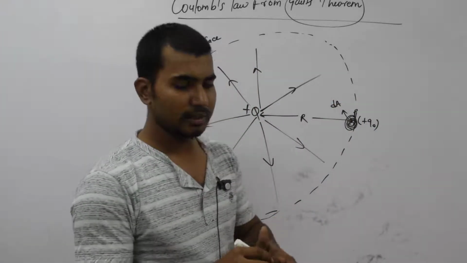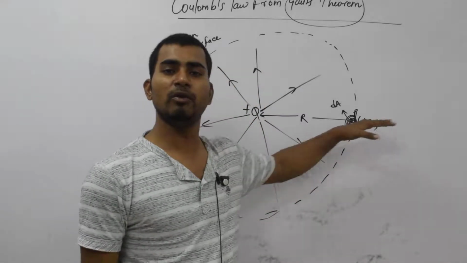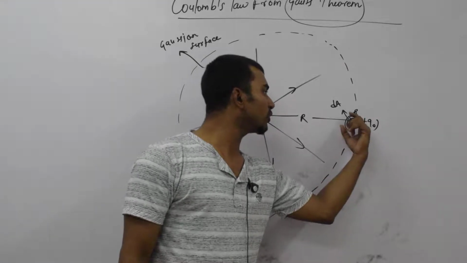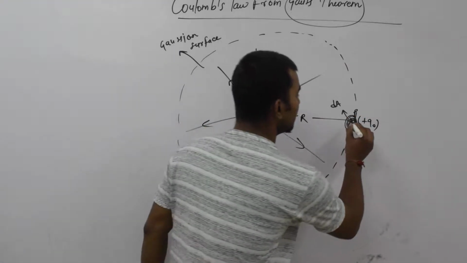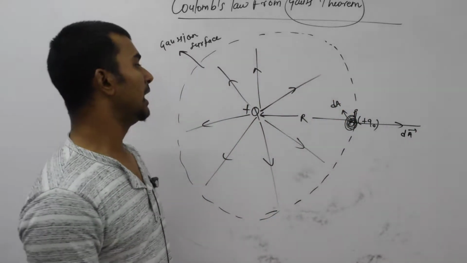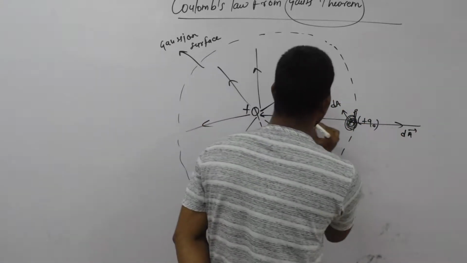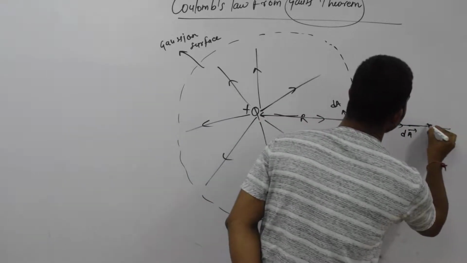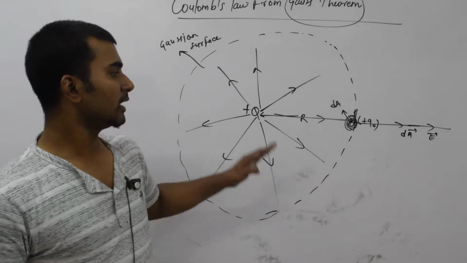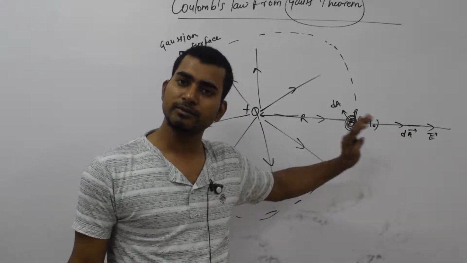As we know, the area vector is always perpendicular and outward with respect to the orientation of the surface. So there is an area vector which is perpendicular outward, and the direction of the electric field is also radially outward, along the direction of the area vector.